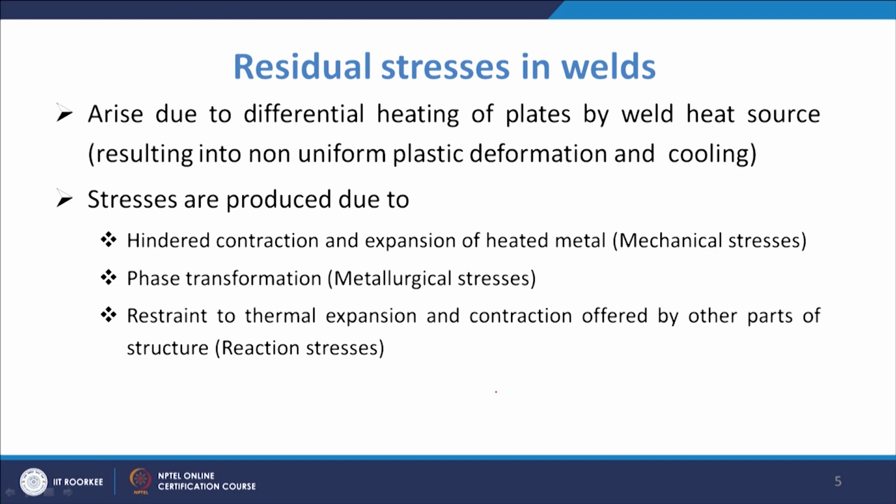Then you also have the development of stresses because of the restraint to the thermal expansion and contraction offered by other parts of the structure to which the piece being welded is attached. Many times we attach the pieces which we are welding to the sides.